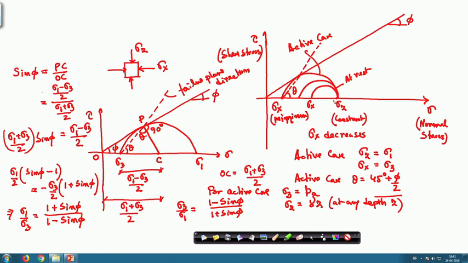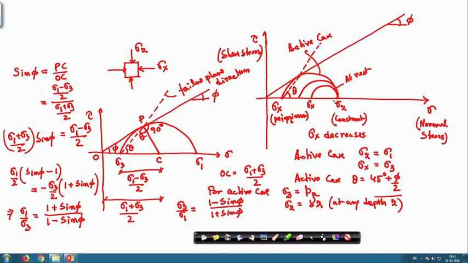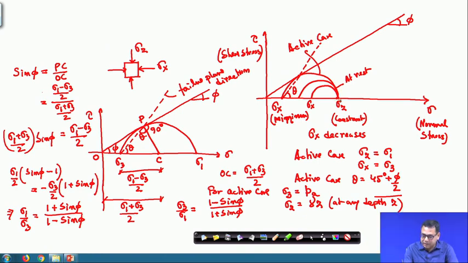Again here also, whether it is active condition or passive condition, your sigma z value will remain same. So, this is the sigma z value, it remains same for the active case. Now, in passive case also it will remain same. So, now suppose this is our at rest Mohr circle. So, when it moves away from the backfill, then sigma z remains same. So, this Mohr circle will shift towards the origin, because your sigma x value decreases.